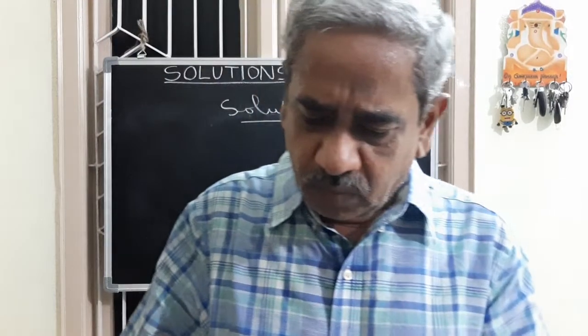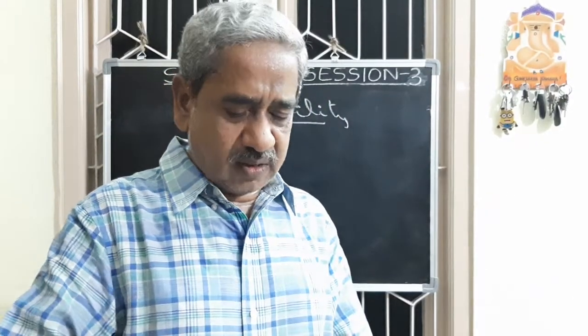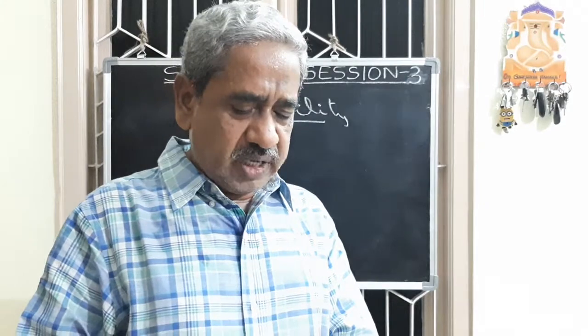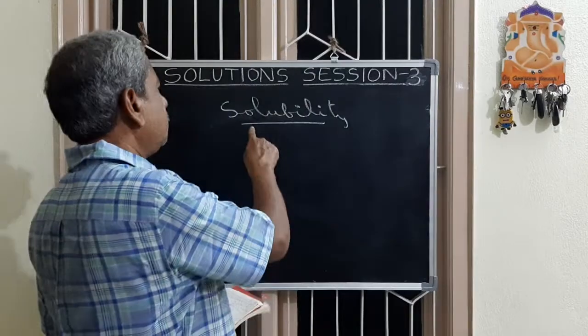Solubility is the maximum amount of a substance that can be dissolved in a specified amount of solvent at a specific temperature and pressure. It is the definition of solubility.